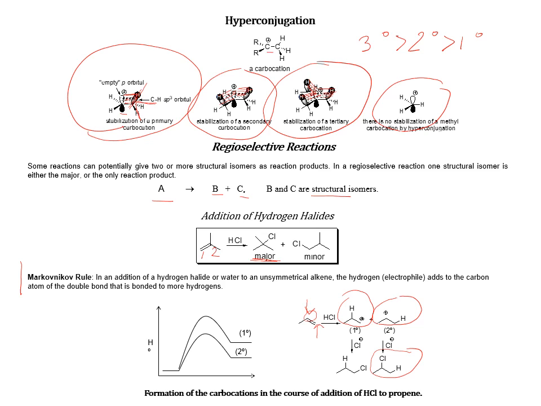So the transition state that leads to formation of secondary carbocation, because it resembles secondary carbocation, is more stable compared to the transition state that leads to formation of primary carbocation. Secondary carbocation is more stable than primary, which means that formation of secondary carbocation is both thermodynamically and kinetically favored. These reactions, by the way, are kinetically controlled.